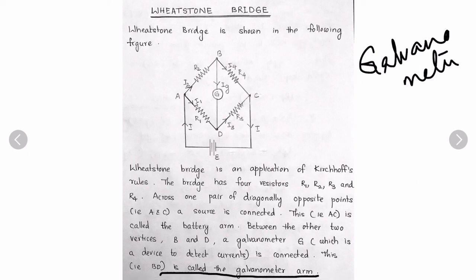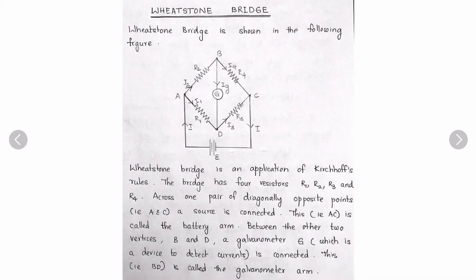Between A and C we have connected the battery. So AC is called the battery arm. And BD is called the galvanometer arm. So with this introduction, let us further continue our discussion. This is a very, very important derivation. We have 4 resistors, R1, R2, R3, R4, each across two junctions, AB, BC, CD and DA.